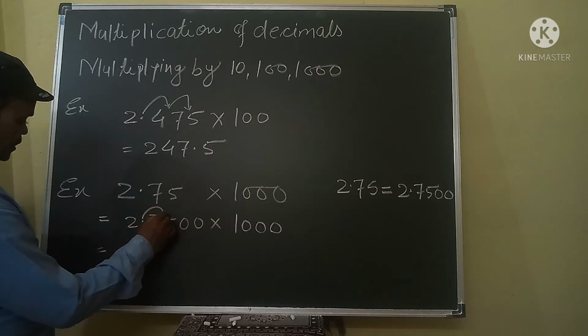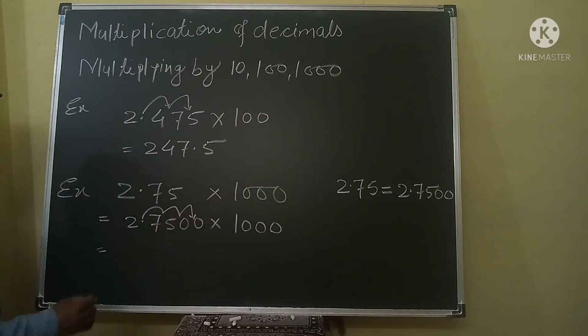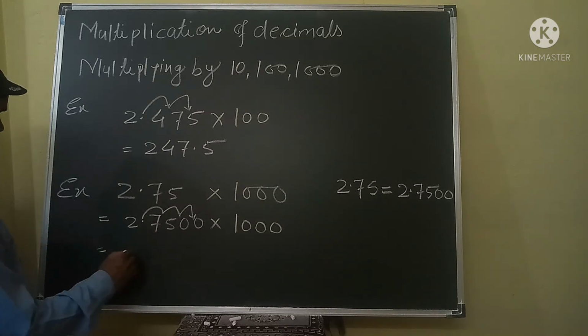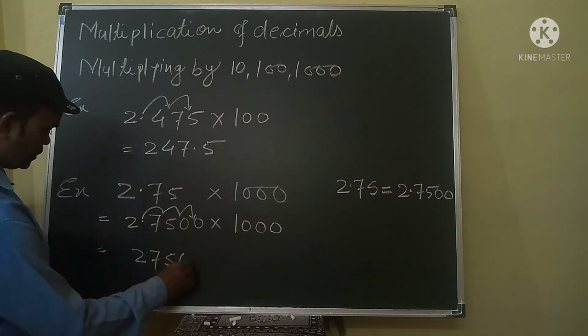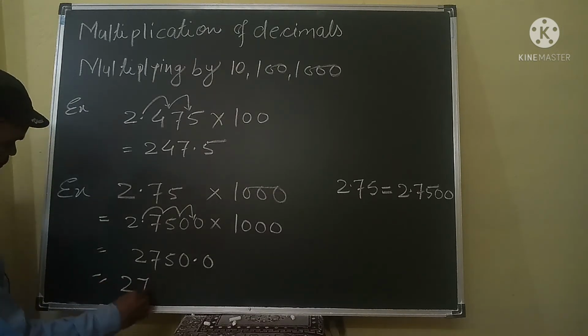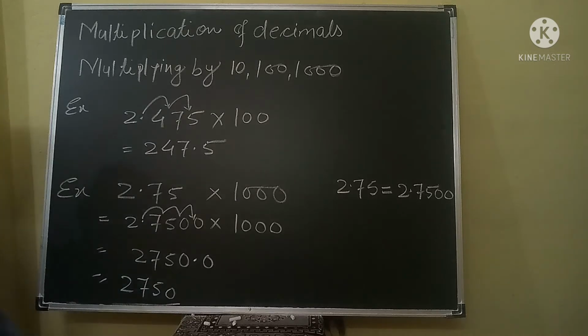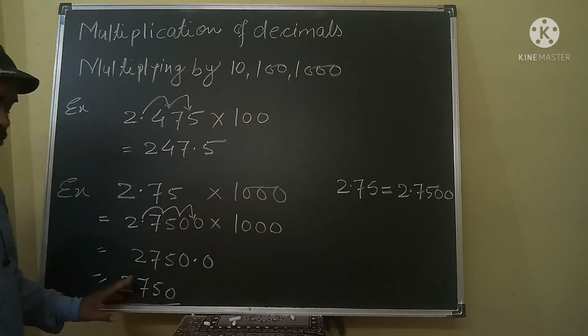This is the first movement, second movement and third movement. This is the final position. That means the new position of the decimal point gives 2750.0. This number you can write as 2750. Okay.